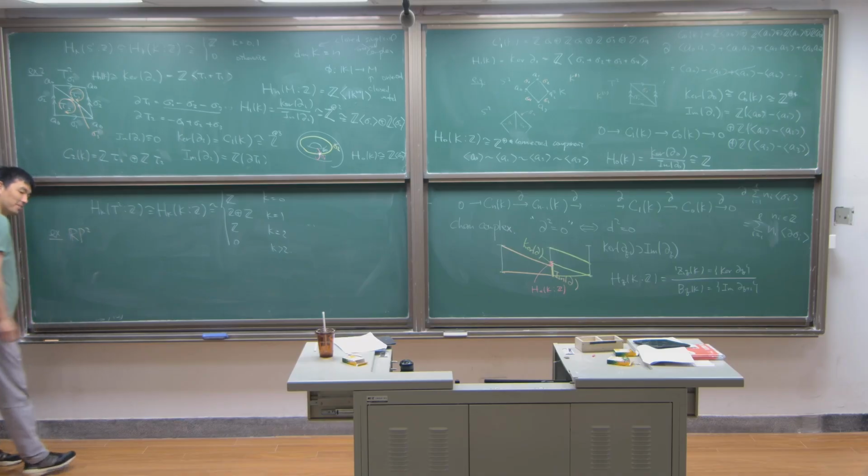RP2. How to do the triangulation of RP2?